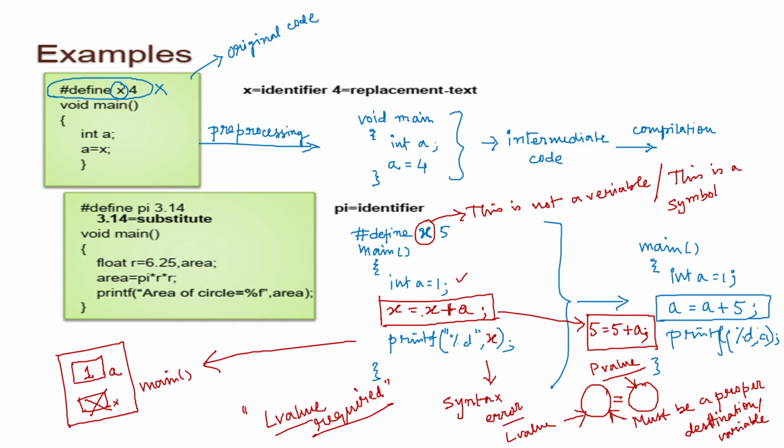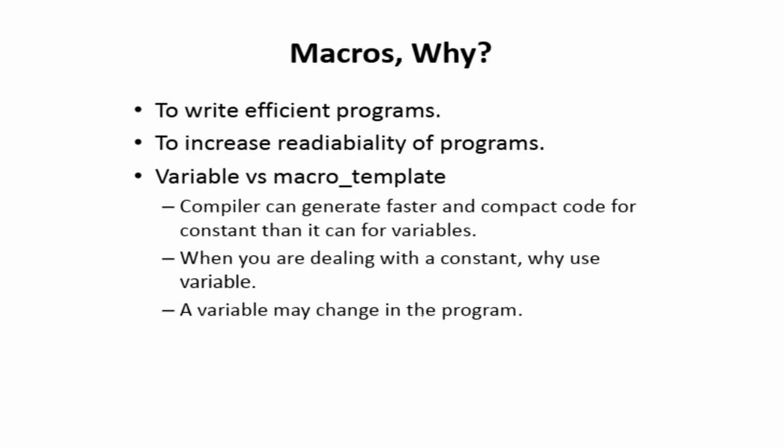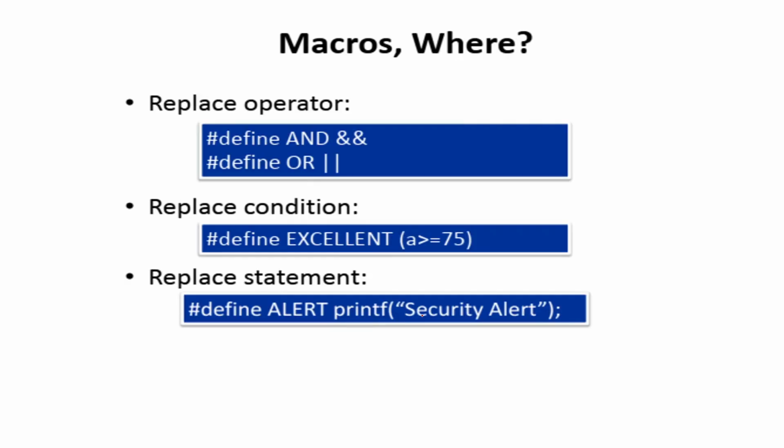Anyway, now the question is how we can use this macro in different cases. We can use the macro in this way also. Instead of writing double ampersand, we can replace it by AND.